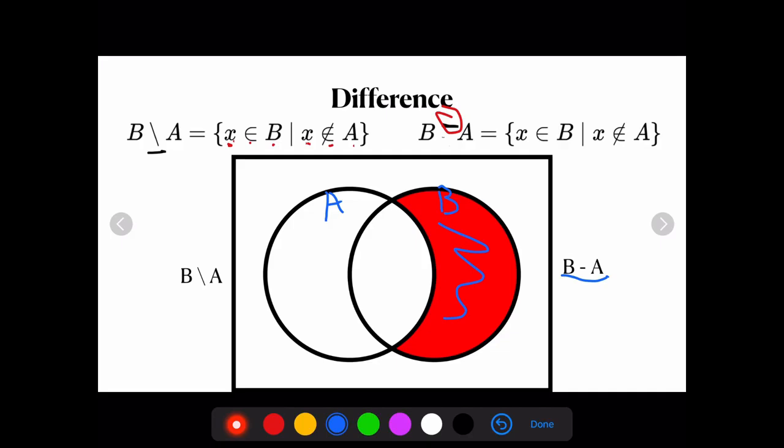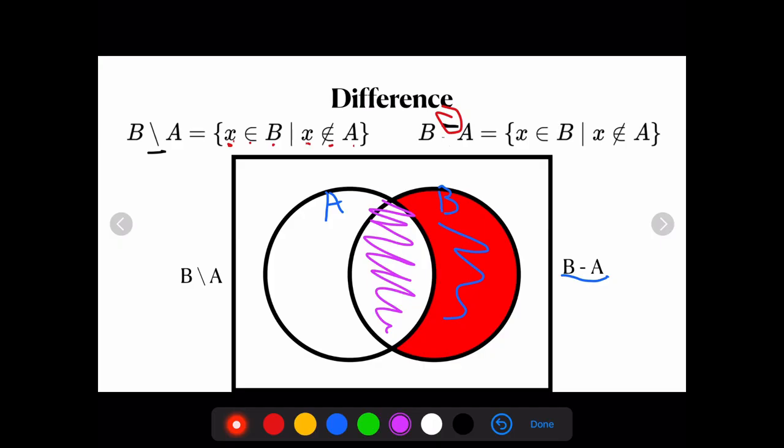So we have to cut out the intersection. That's kind of an easy way to think about it. You just find the intersection, and then you wipe that out. So that's the difference.